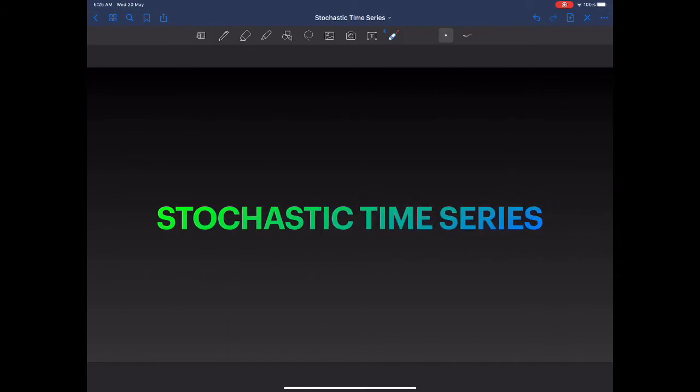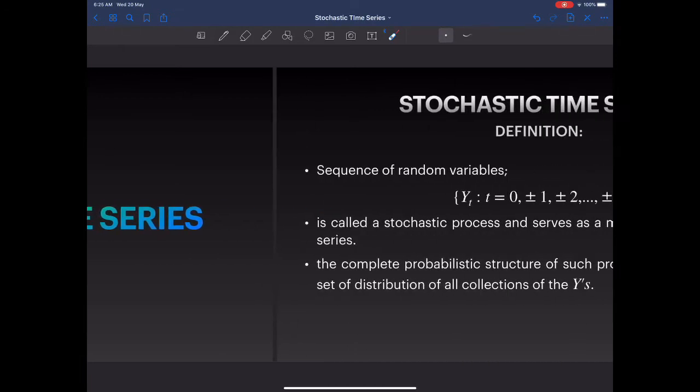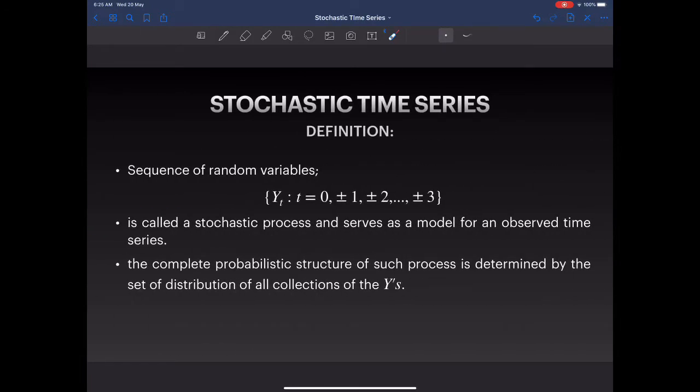First, let's discuss the definition of stochastic time series. Let's say that we have a sequence of observations, and we want to view these observations with the element of probability.